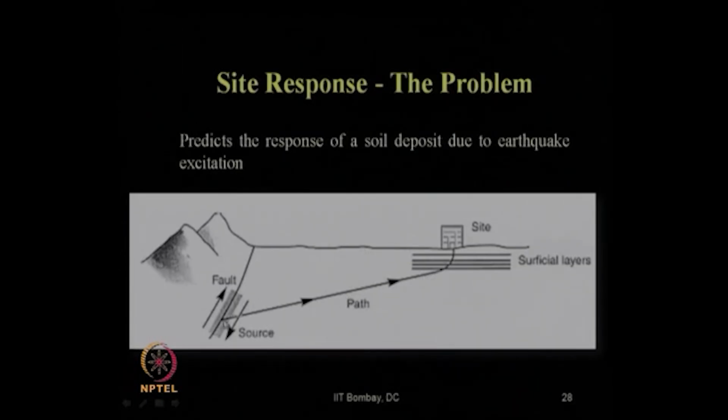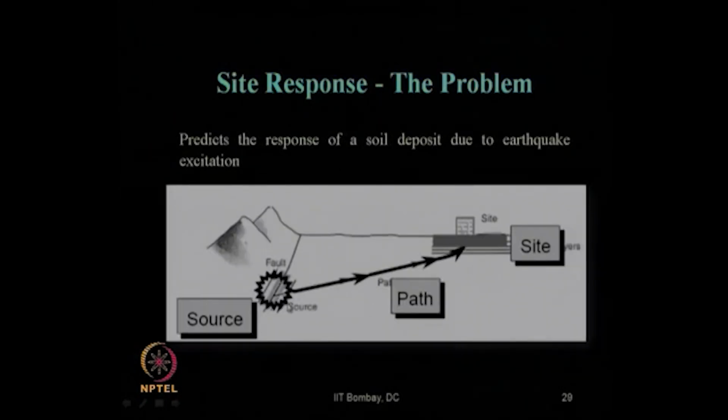So, the typical regions involved are: one is the source, another is the path through which these seismic waves travel, and finally the site about which we are interested. In site response analysis, we want to know the response of this site to an earthquake occurring nearby or far away, at a source, through this medium of path.